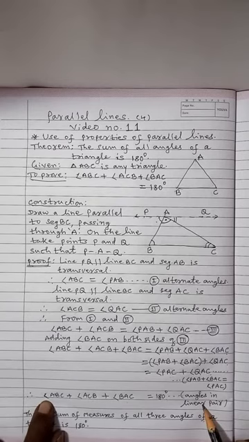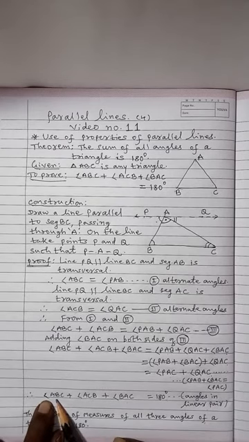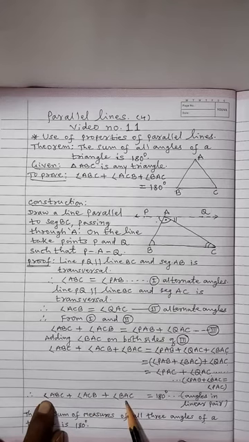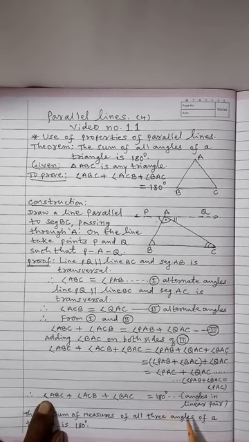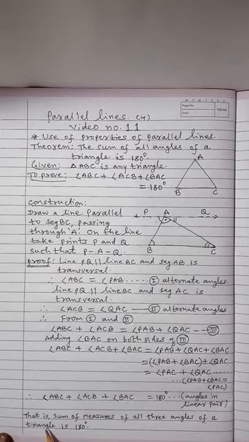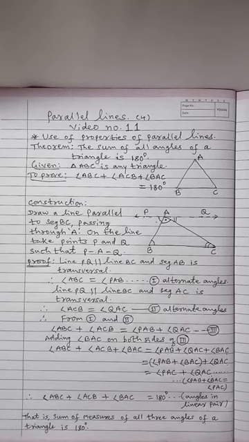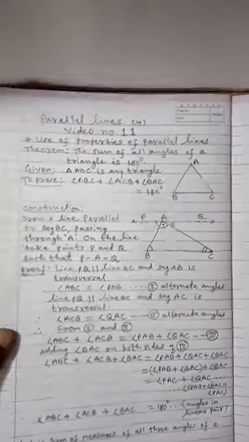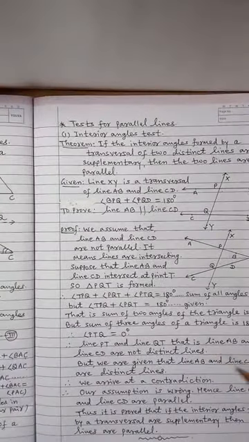So we have the result: angle ABC plus angle ACB plus angle BAC is equal to 180 degrees. Reason: angles in linear pair. And hence the sum of measures of all three angles of a triangle is 180 degrees. Yes, so we'll go to the next point.